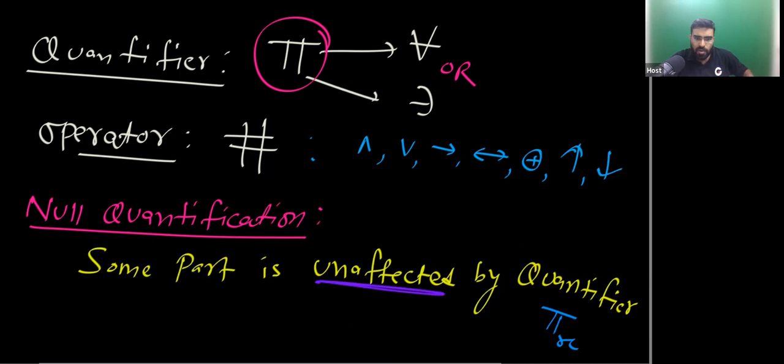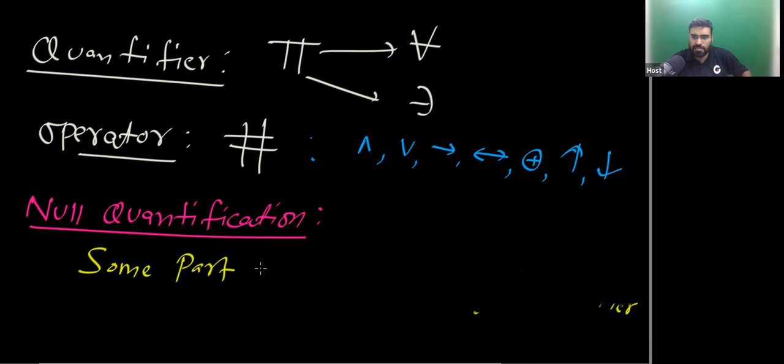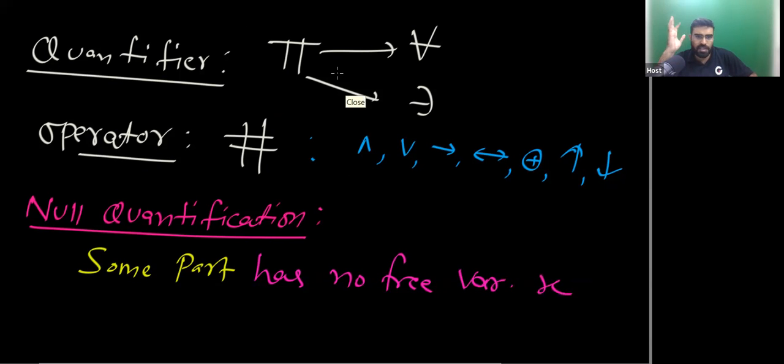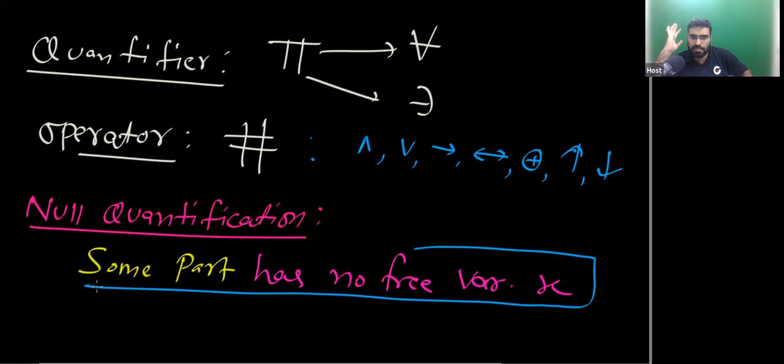I can rewrite it like this: some part has no free variable x. Agree? So far, everything is clear? That some part has no free variable x. This type of expression is called null quantification.